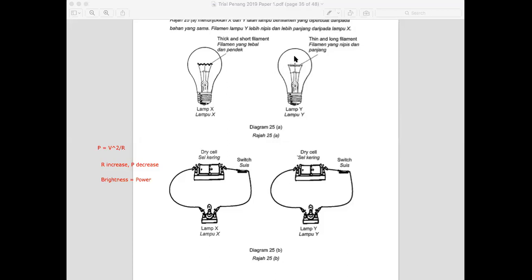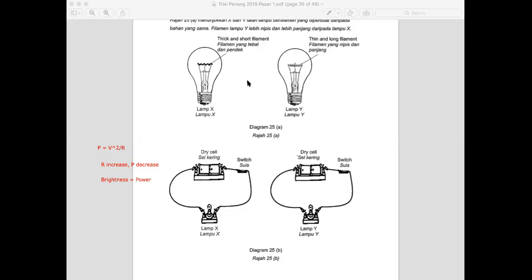Ya, memanglah kalau lamp X ni kalau dia kata dia sebenarnya thick and short ni is actually dia thin juga. Cuma mungkin yang Y ni thinner than this X. Sikit je. Because bila compare dua-dua bulb, that means memang Y ni have higher resistance daripada lamp X. So sebab itulah power dia lamp Y is less than lamp X. I see.